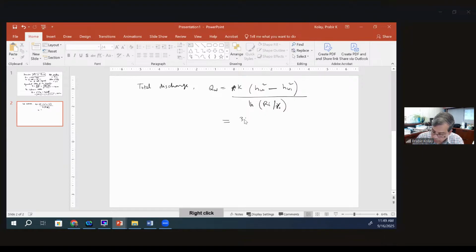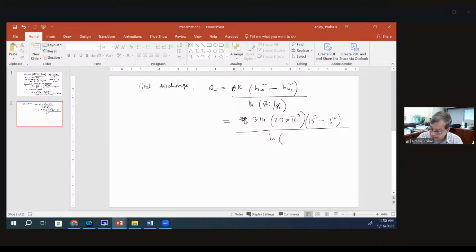Pi is 3.14, times k, which is given as 2.3 times 10 to the power minus 5, times 15 squared minus 6 squared, divided by ln.